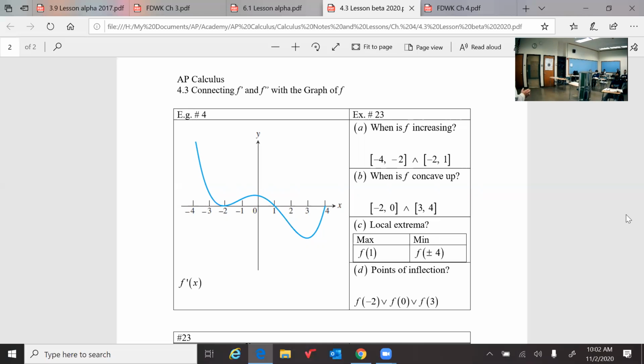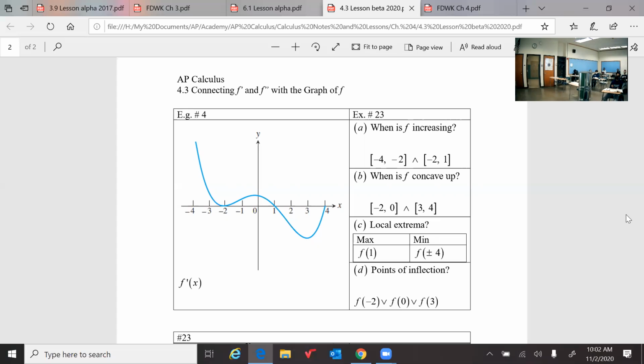When the first derivative is increasing. And it's increasing between -2 and 0 and between 3 and 4. So question B takes a lot more thought than you would assume. You have to say, that's the picture of the first derivative. What would the derivative of that look like in order to answer that question?